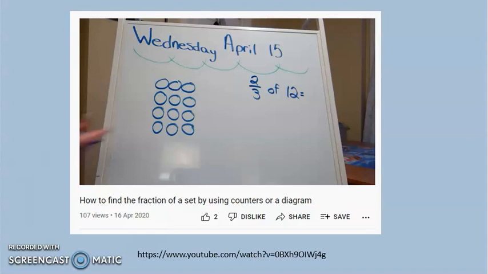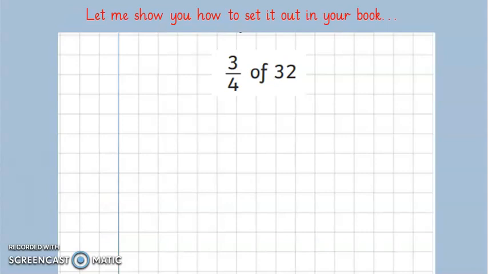So I'm going to do one example on the board now for you. I'm hoping this works because I'm not very good with drawing technology. So forgive me if this doesn't work. So I'm going to figure out 3/4 of 32. I'm going to take this number here, my 32, and I'm going to draw out 32 counters or 32 dots. And I'm going to do them in columns of 4.